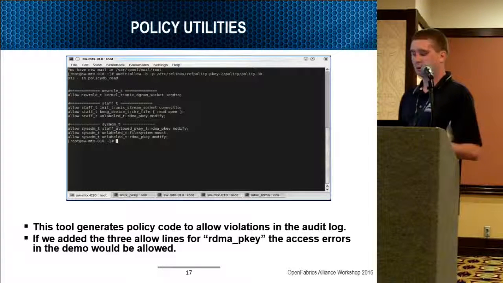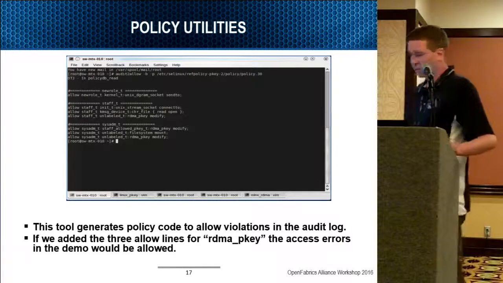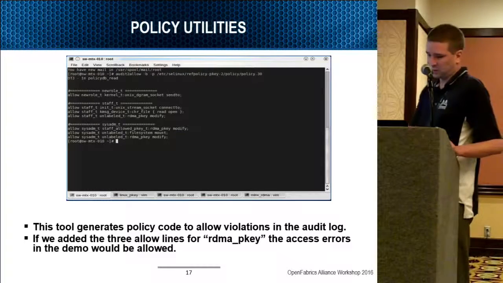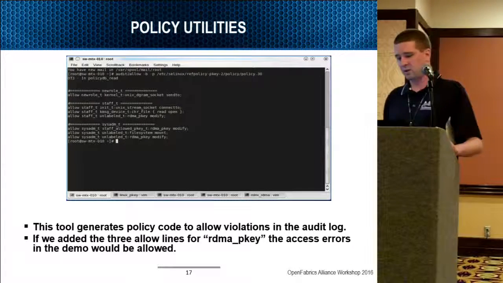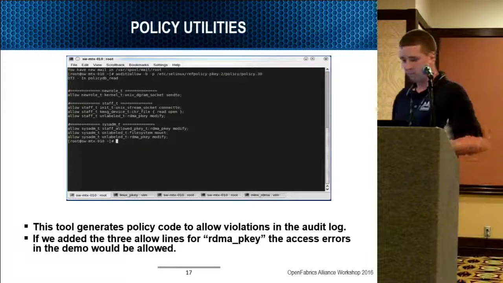It walks the audit logs and looks for denials, and it shows you policy that you could write to effectively fix the problem if you didn't intend to deny access to someone. This particular screenshot shows the different types of policy rules you'd add to make the fail cases that we showed actually connect successfully.